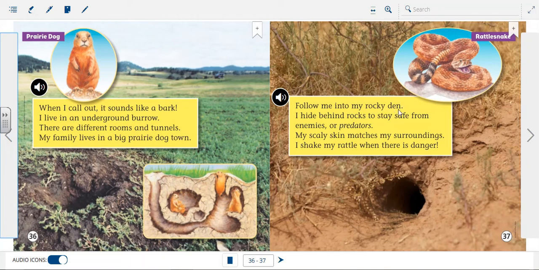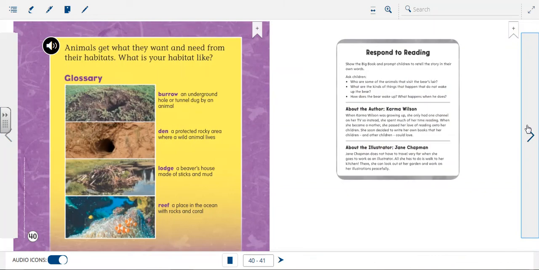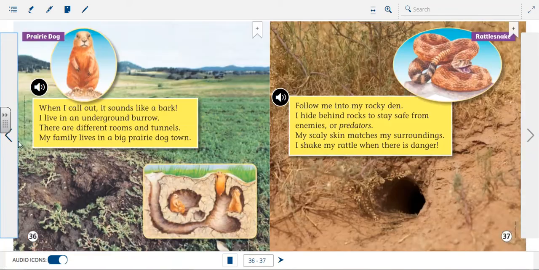Now, I want you to look at this word den, D-E-N. This is another word that's in our glossary, just like the word burrow. A den is a protected rocky area where a wild animal lives. So the glossary is helping us understand what a den is, which is where the rattlesnake lives.